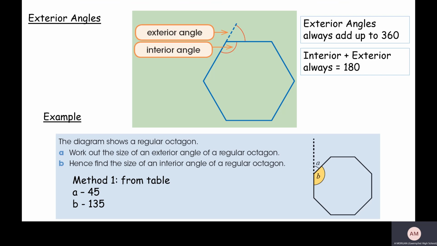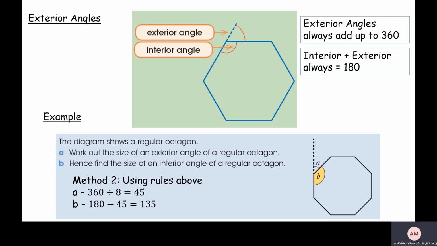Right, but a couple of issues with that. Not everything's on that table, and you would have to have that table memorized if this was going to be a technique. So there's another method which uses the rules at the top of the page: the fact that exterior angles always add up to 360 and that interior and exterior always add to 180.